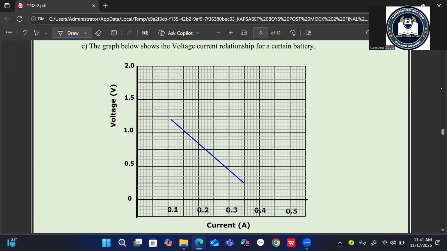The first one, you are told to determine the EMF of the cell. And number 2, you are told to determine the internal resistance.